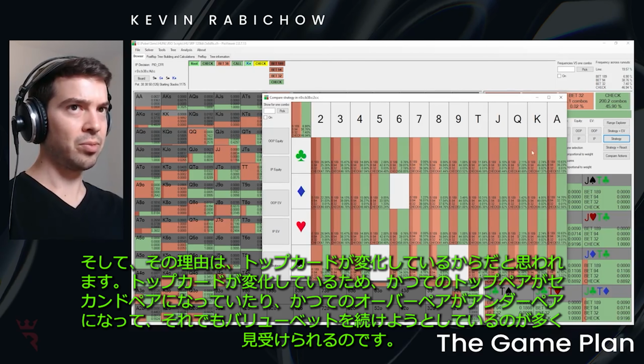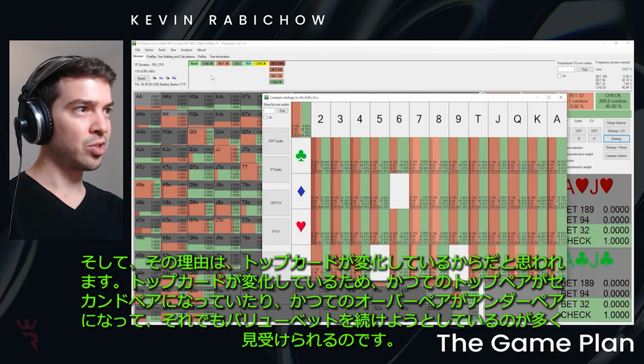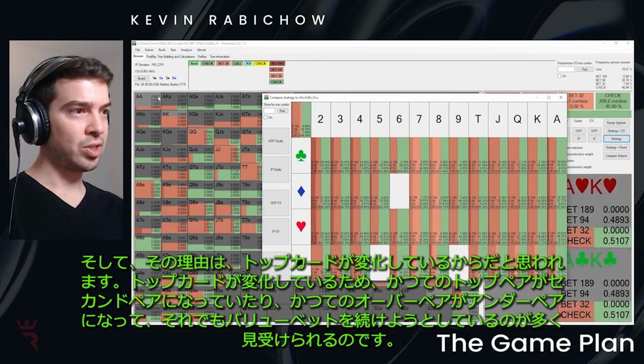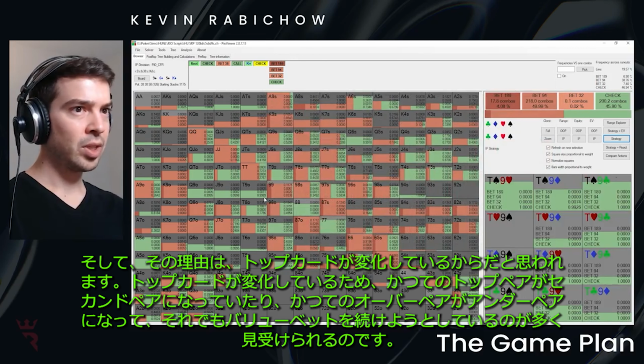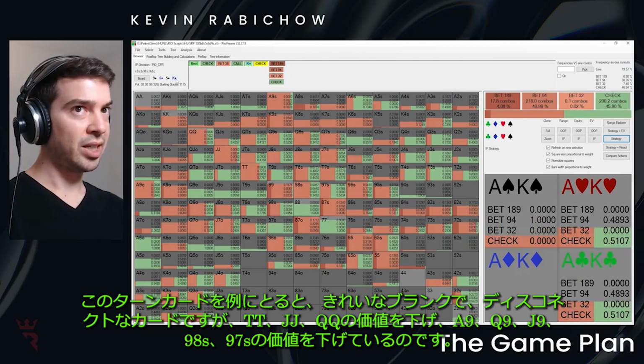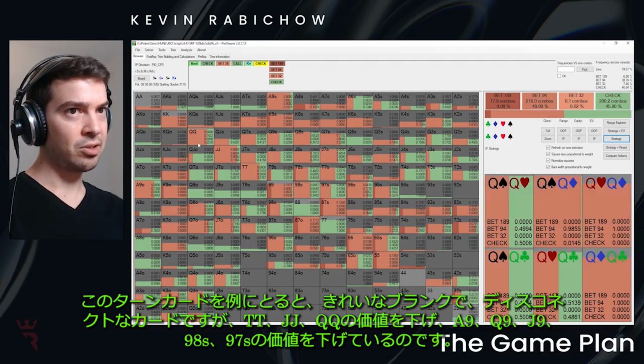And I suspect the reason for this is that the top card is changing. And because the top card is changing, we're seeing a lot of former top pairs, which are now second pairs, or former over pairs, which are now under pairs to the top card, trying to continue to value bet. So just using this turn card as an example, it's a clean blank, it's a disconnected card, but it devalues tens, jacks, queens.